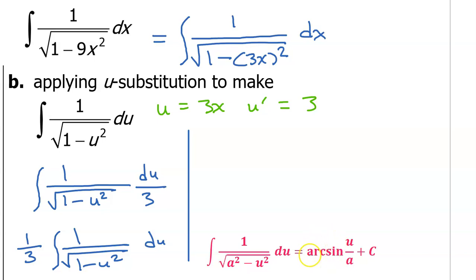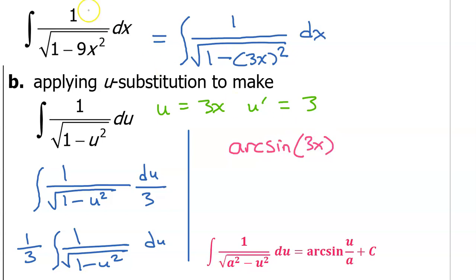Again, the rule begins with arcsine. There is no 1 over a or anything in the front. So it's just going to be arcsine u over a. I think I will go ahead and do the substitution now. We know that u is 3x, so it's going to be 3x over a.